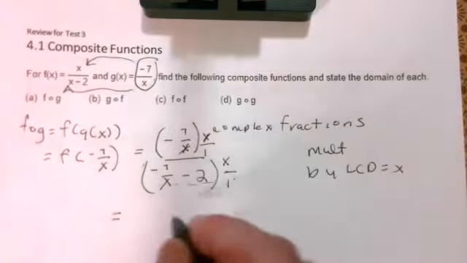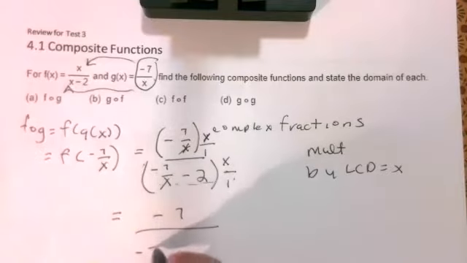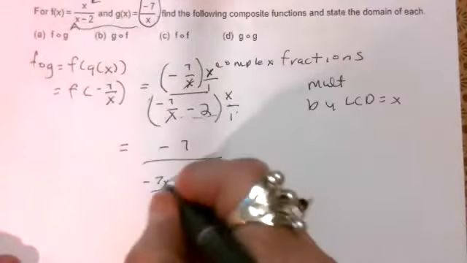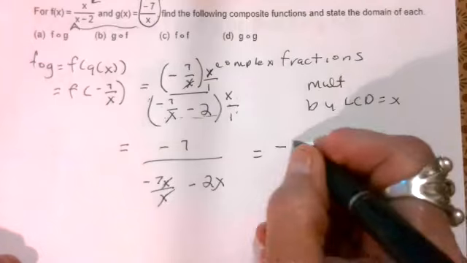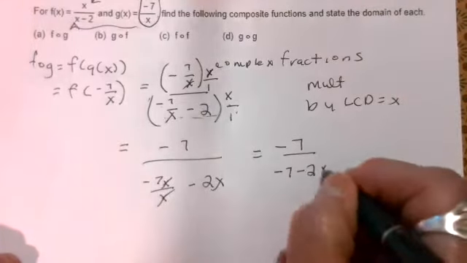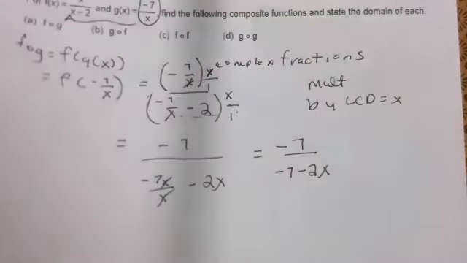So in the numerator, we're just going to get a -7. And over here, I'll just distribute, you've got a -7x over x minus a 2x. And so this x cancels. So we have a -7 over a -7 minus 2x. And I hope that's right.